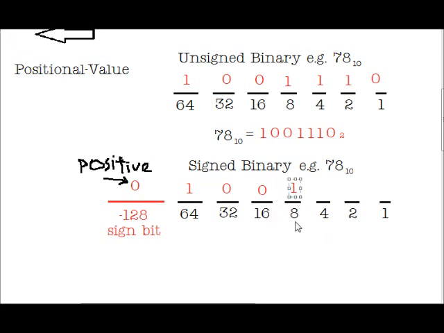So 14 take away 8, we'll have 6. 4 can go into 6, so we put a 1. We subtract 4, which leaves a balance of 2, and 2 can go into 2, so we have a 1, and we no longer have any remainder, so the last bit will be a 0.